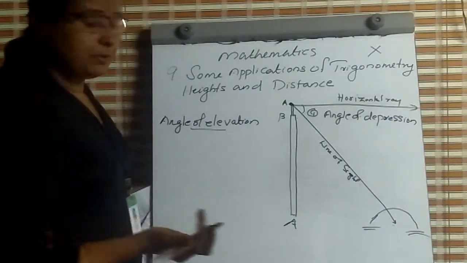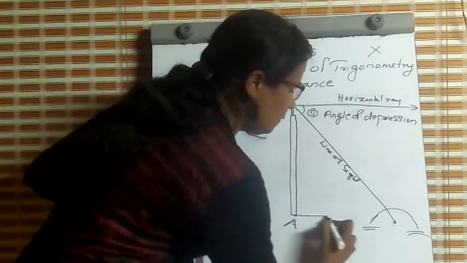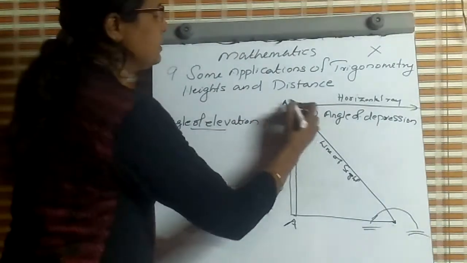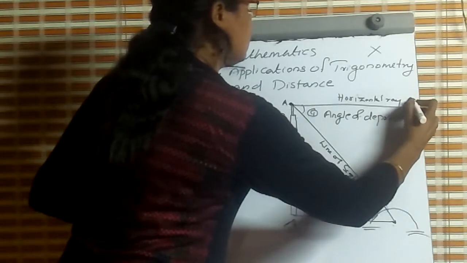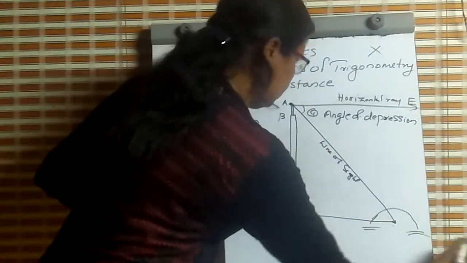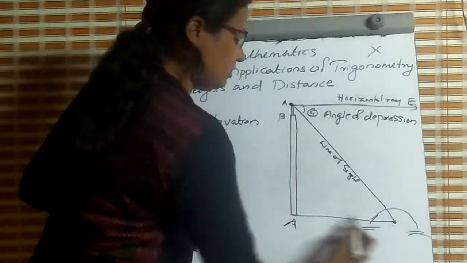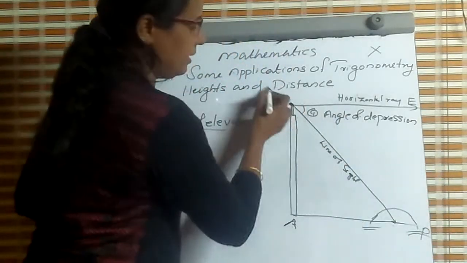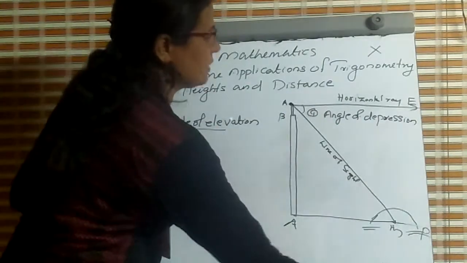Here we have to calculate the height of the building. We use trigonometric ratios. For that, this line is AE, and this one AP is also a line, and this line AM is the transversal.